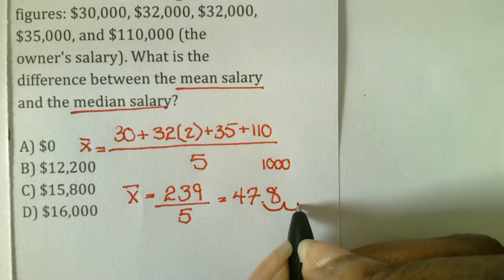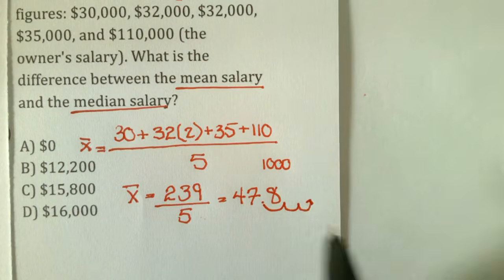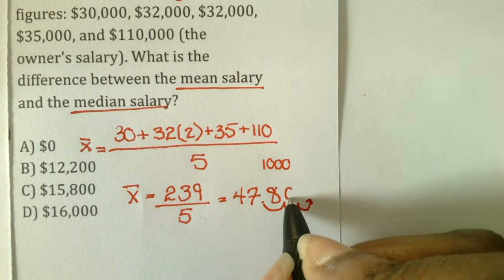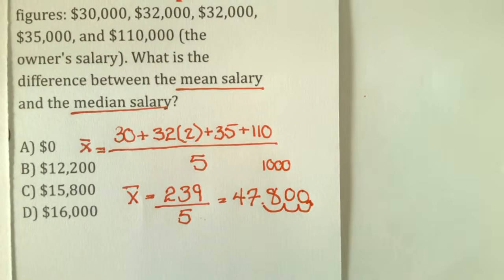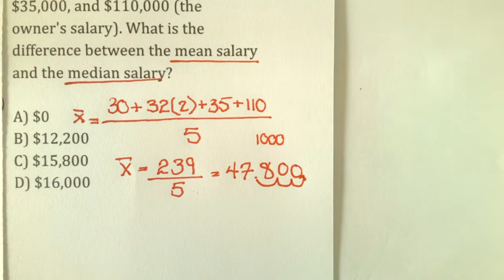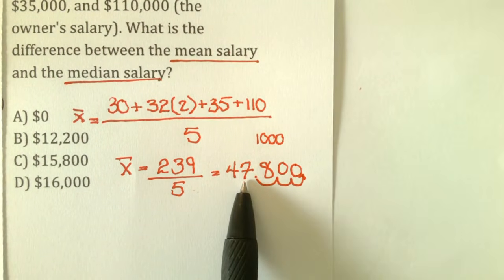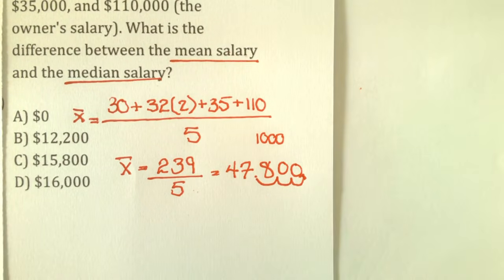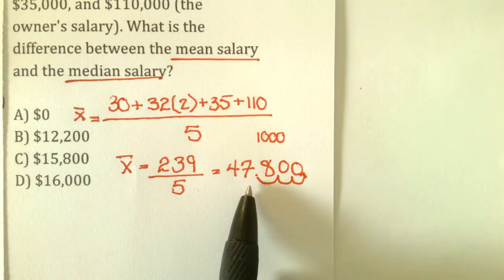That's 1, 2, 3. So that means I have to add 2 zeros. Now I have 47,800. That's going to be the mean.